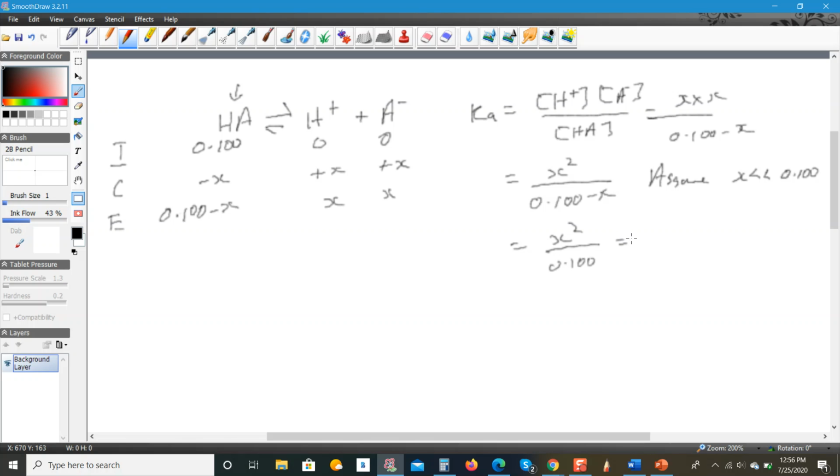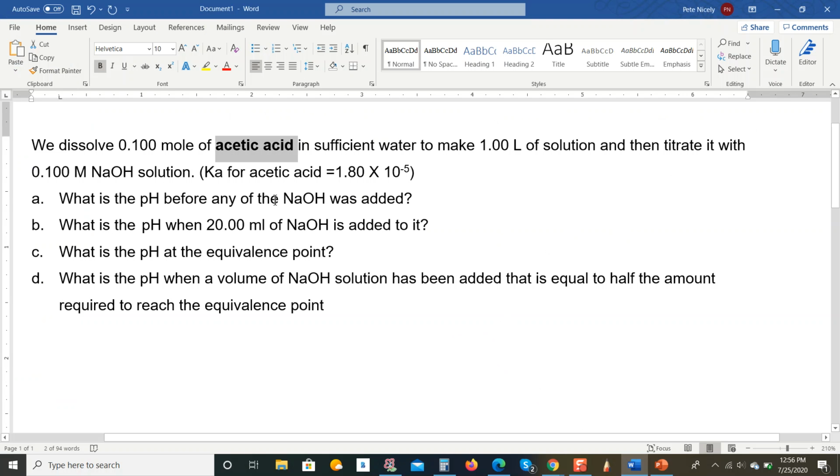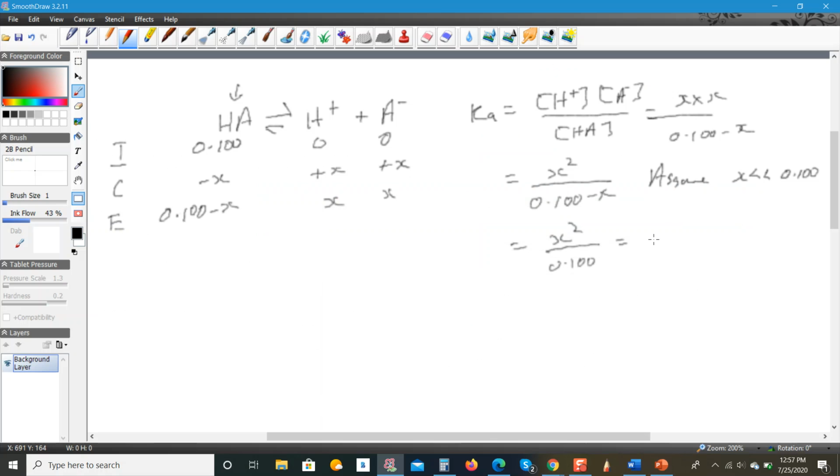And the Ka value is given. I forgot to point that out. Let me go back to this here. The Ka value is given here as 1.8 times 10 to the minus 5. So we're going to use that Ka value right here, 1.8 times 10 to the minus 5.